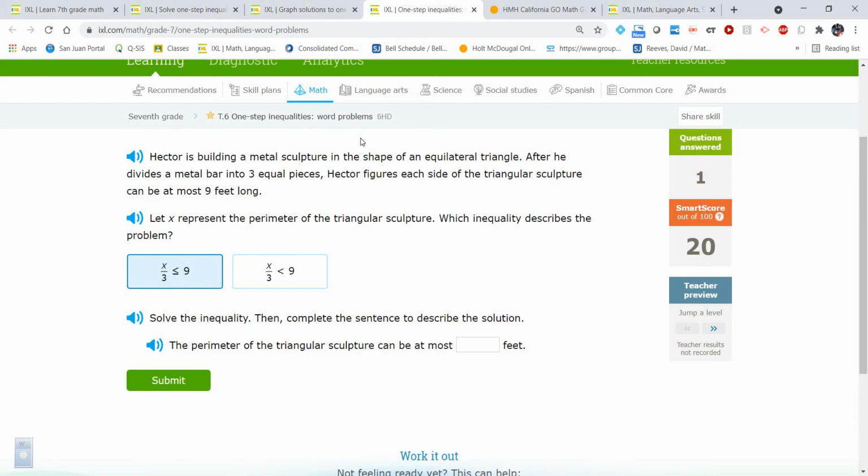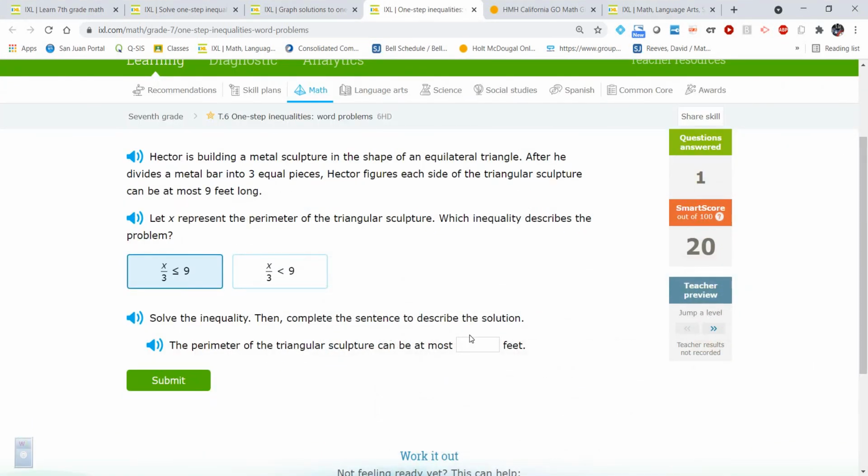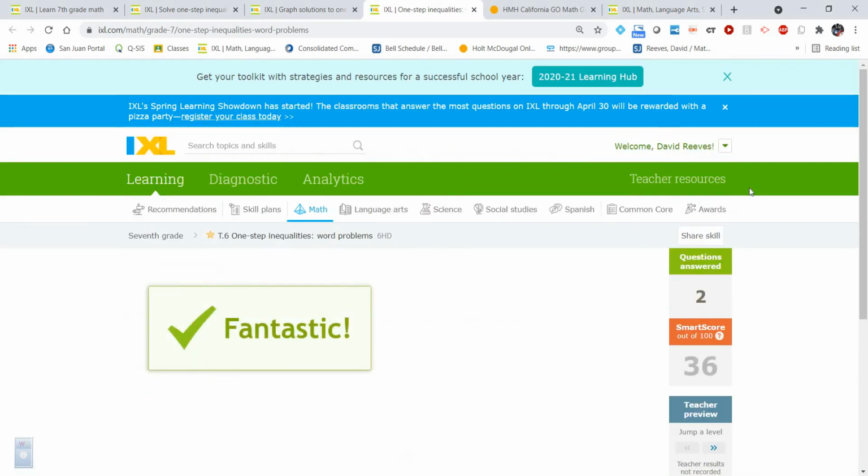All right, so if we have that inequality and we want to solve it, x over 3 less than or equal to 9, if I multiply both sides by 3, I get x is less than or equal to 27. So the perimeter can be at most, well, if it's less than or equal to 27, the most it can be is 27. All right.